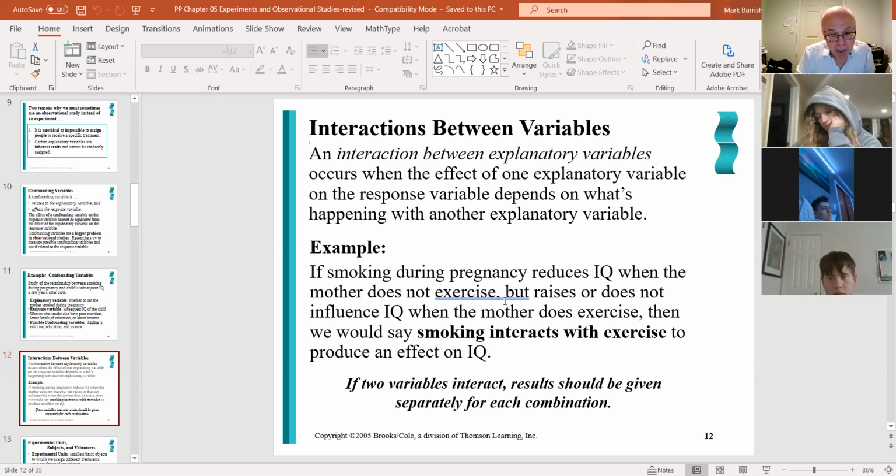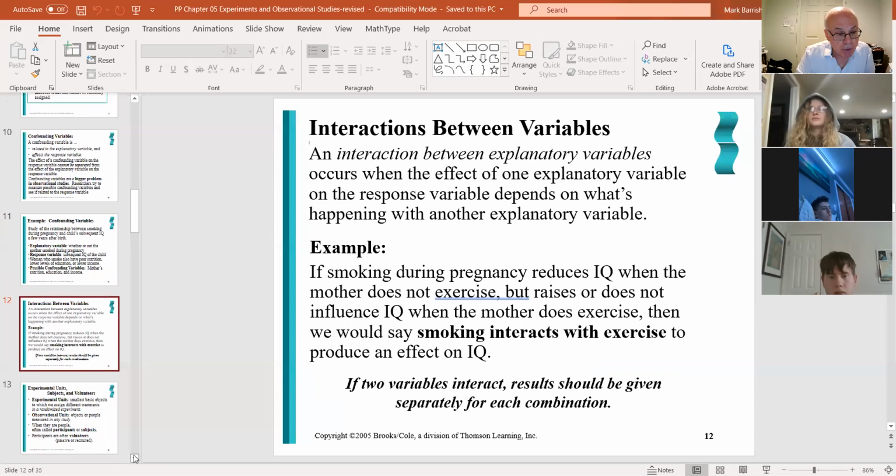When you don't exercise, smoking has a bad effect on IQ. But if you smoke and you do exercise, the effect is not as bad, and could actually be better. So there's an interaction between these two possible explanatory variables, smoking and exercise, on the effect on IQ in children. That's called interaction.